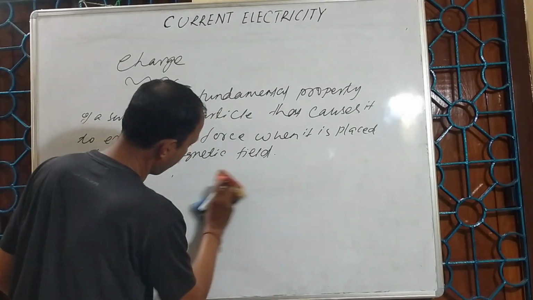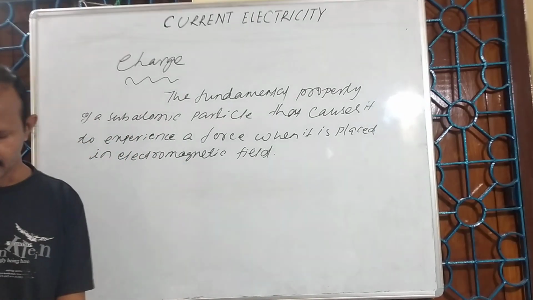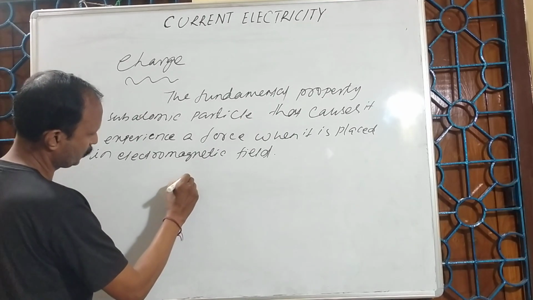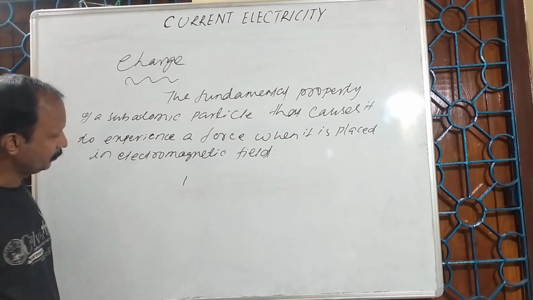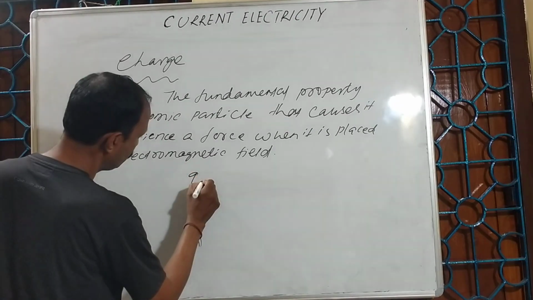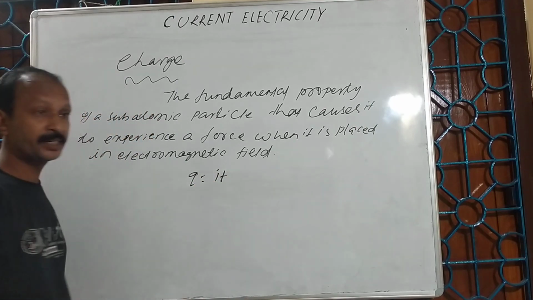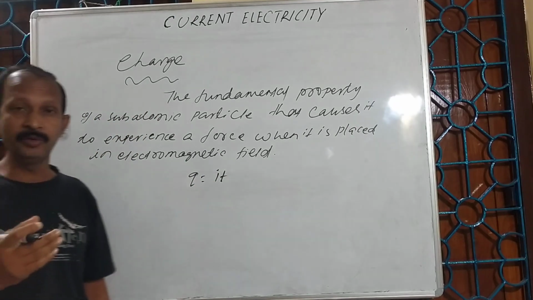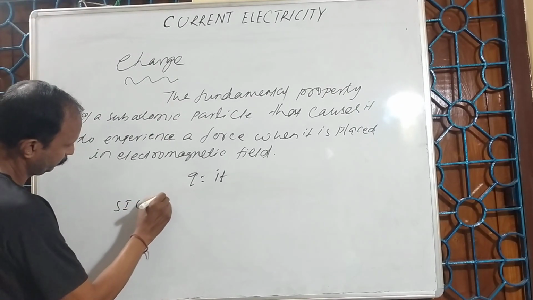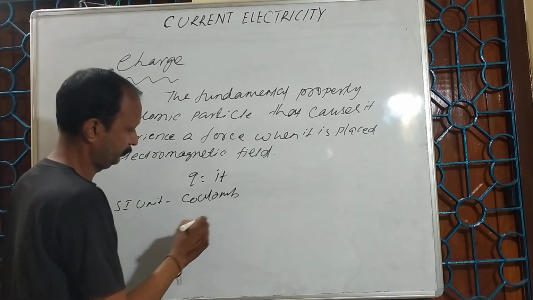Before that, I would like to say that mathematically I can write charge is the product of current and time. What is the unit of charge? Its SI unit is coulomb.